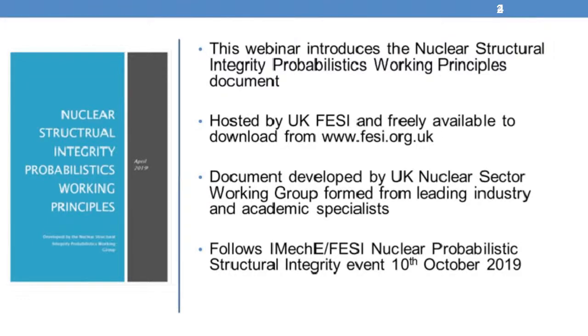And since then, the document has been completed, and that's the front cover shown on the left-hand side of the screen there. And FESI have kindly agreed to host it on their website with the address also shown on the screen. I'll spend some time shortly explaining precisely what the document is, and also importantly what it isn't.